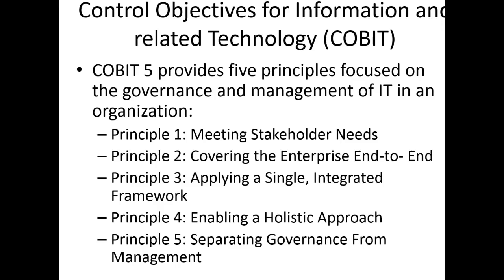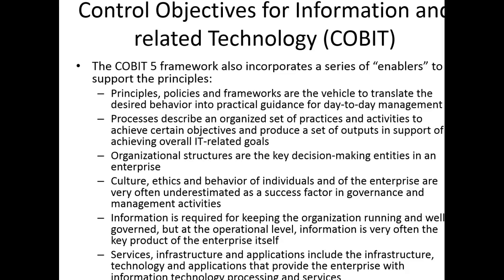The COBIT framework also has a series of enablers to support those principles. The enablers are also dependent on the organization's employee skills and abilities. So we have the principles here, these 5 principles, we have them here as well.